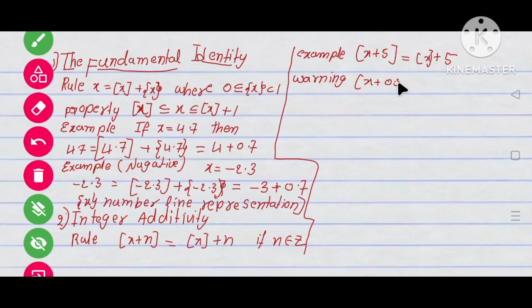Warning. It's a warning to you: step of x plus 0.5 is not equal to step of x plus 0.5. This is a trap. Don't fall for it.